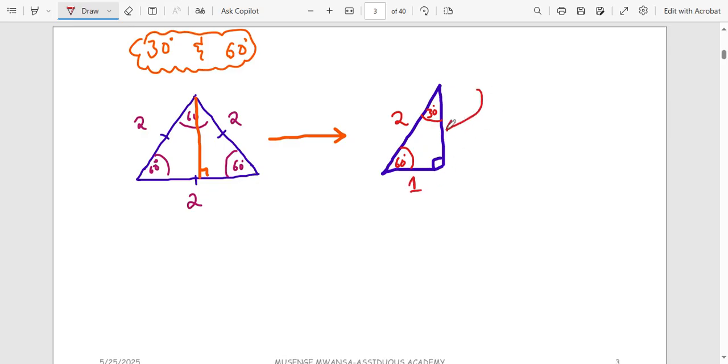So we can now find this side, let's say it's y. To find any short side, you get the hypotenuse, the longest side, square it, and subtract the other side squared, then square root. 2 squared is 4, 1 squared is 1, so 4 minus 1 is 3. So this side is going to be the square root of 3.